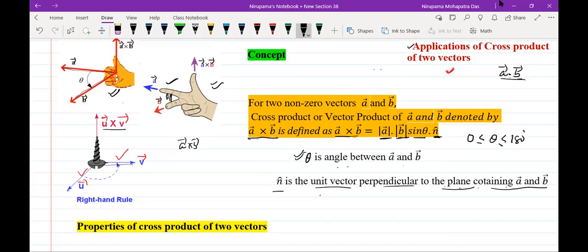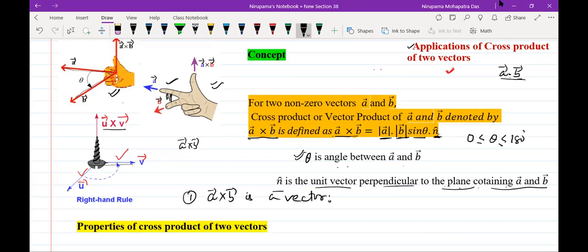Because of the presence of n cap, A cross B is a vector quantity. So what we should take from this definition? A cross B is a vector quantity.